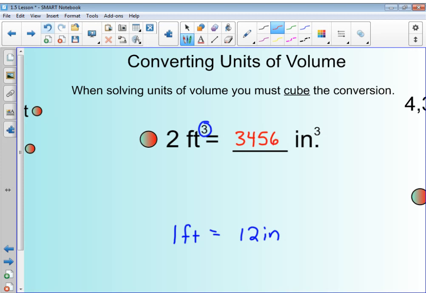You should have gotten 2 feet cubed equals 3,456 inches cubed. Okay, so that's working in the US system.